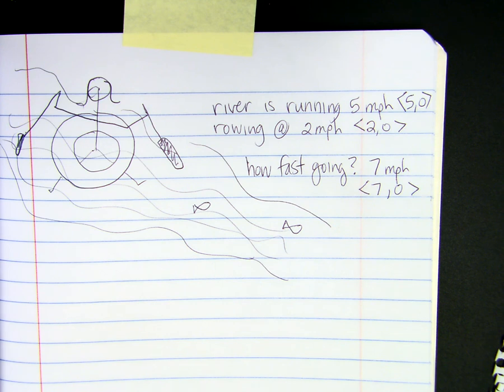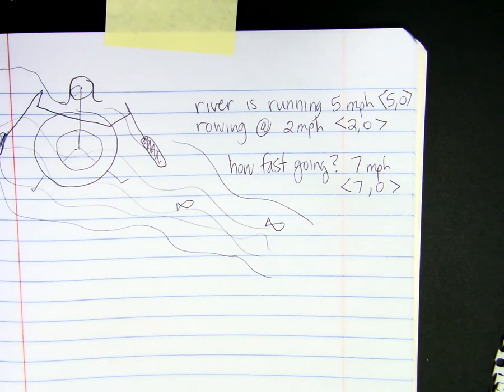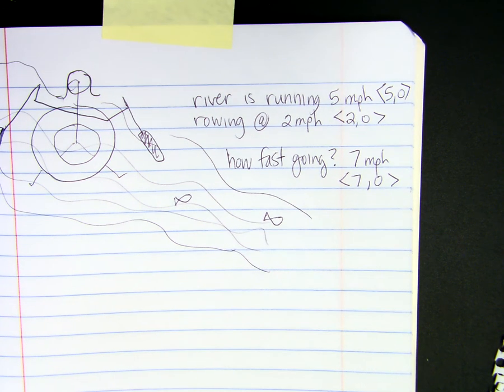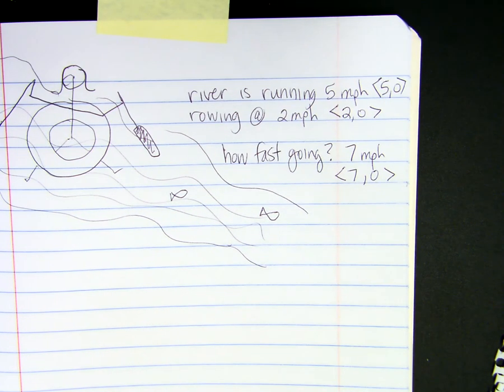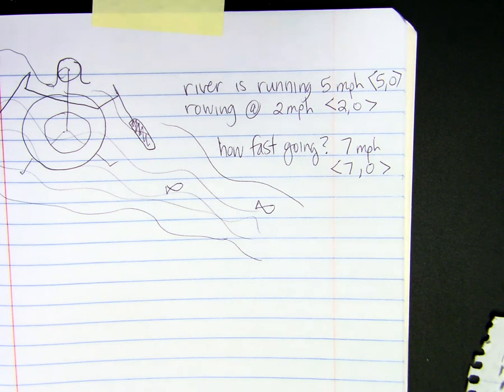Rowing upstream, she has to row at least 5 miles per hour to go anywhere. If she's rowing upstream at 5 miles per hour, then she won't go anywhere. She'll stay standing still, unless she goes side to side. Okay, that's the end of the lesson today.